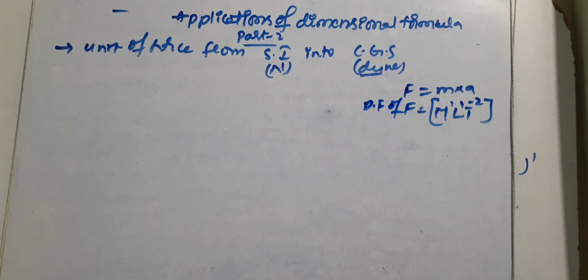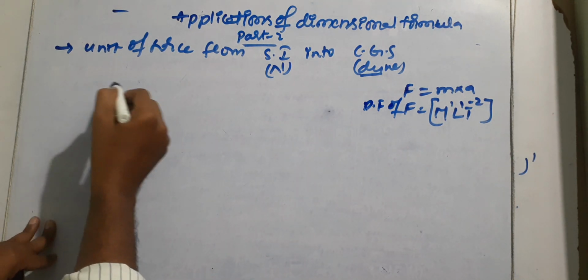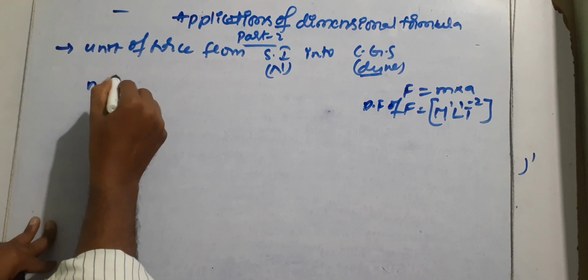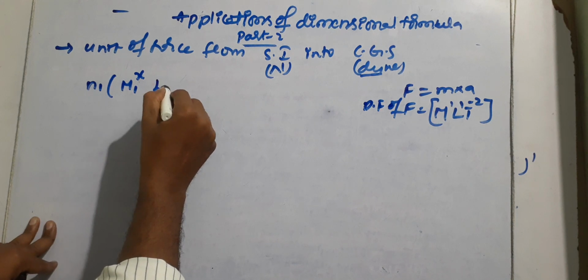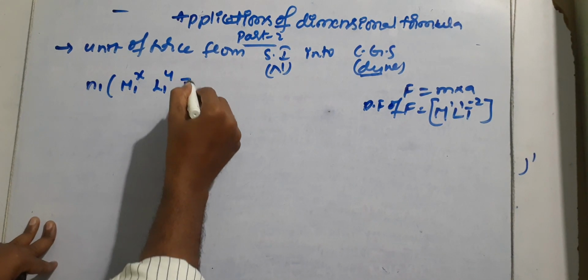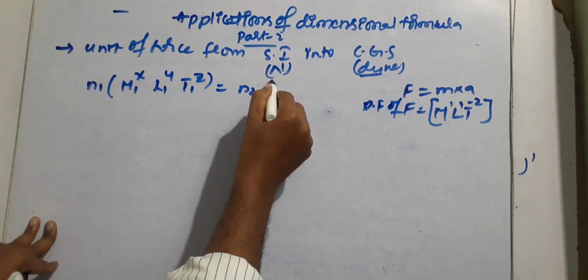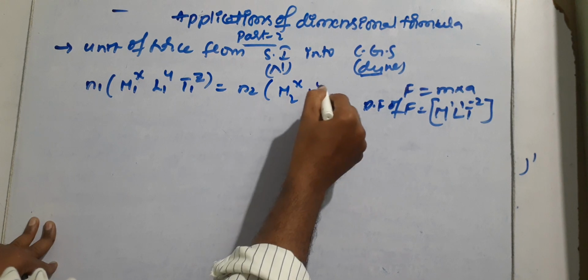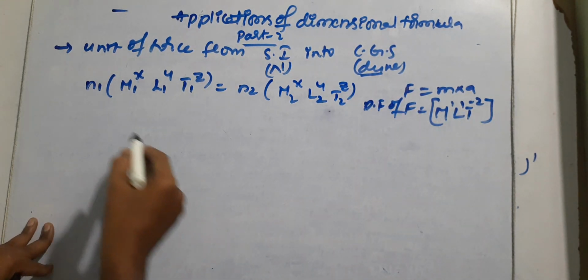Now we can apply the principle of homogeneity, N1 M1 power X, L1 power Y, T1 power Z is equal to N2 of M2 power X, L2 power Y, T2 power Z.